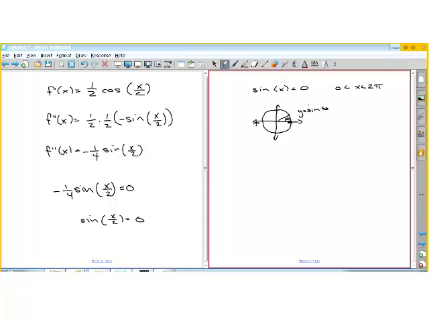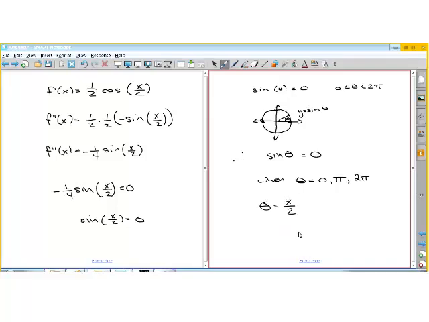So where is y equal to 0? It's equal to 0 there and equal to 0 there. Let's do it all in terms of theta, you'll see why in a second. Sine of theta is equal to 0 when theta equals 0, pi, and 2 pi.